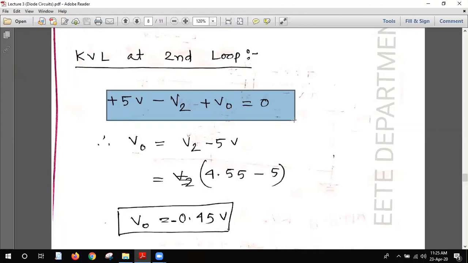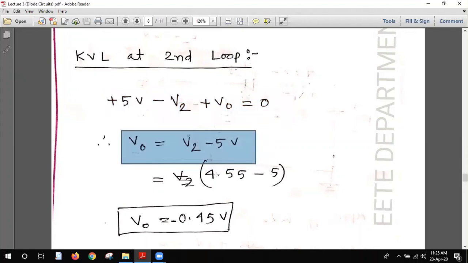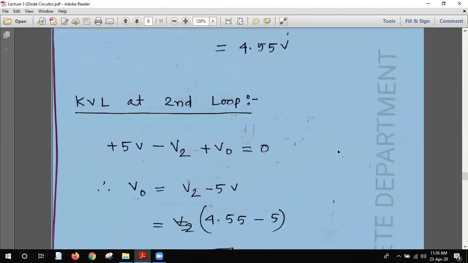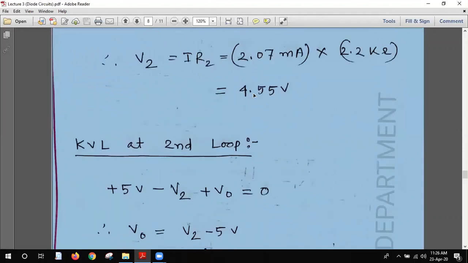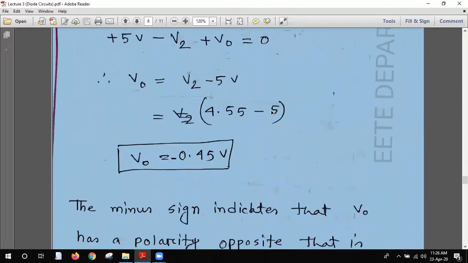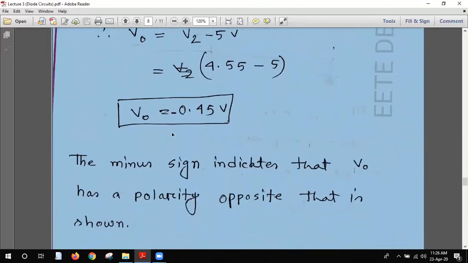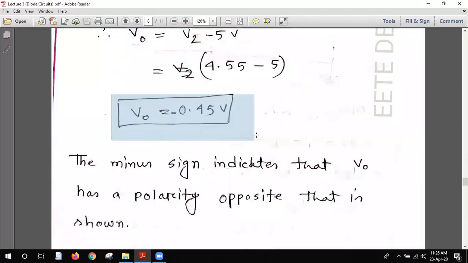We need to find out V0, so we keep V0 on one side and the rest on the other side. We replace the value V2, 4.55, which we have already found here. So finally we put the value, and we get V0, the V output, equals minus 0.45 volt.